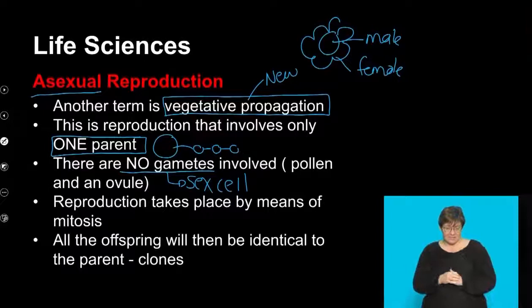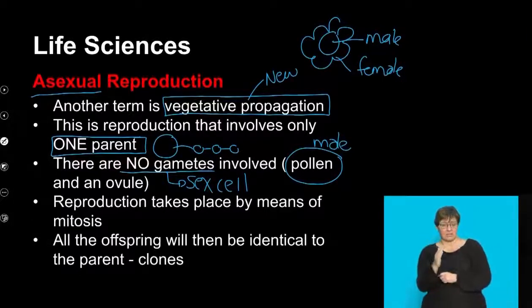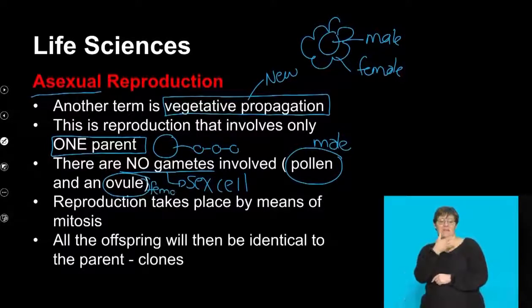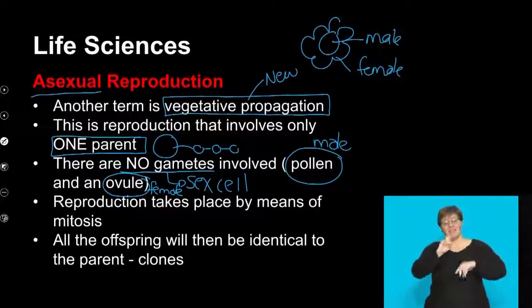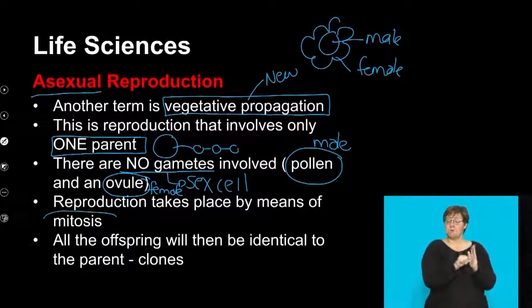In plants, pollen is the male sex cell. In the plant, the ovule is going to be the female. But you're going to get a much greater idea of that in our next lesson when we look specifically at the flower.